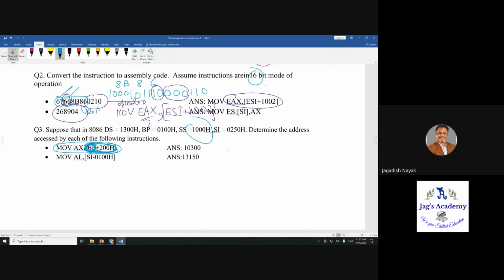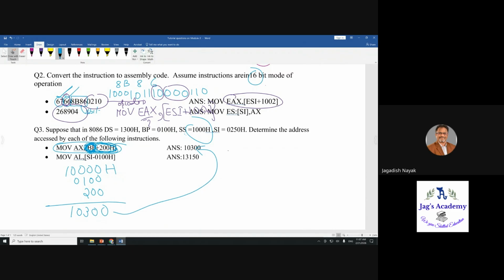To get the physical address, shift the segment address by 4-bit positions left, you get 10000H. Add the offset. The offset is BP plus 200. BP is 0100 plus 200. What is the physical address? 10300H. This is the answer.